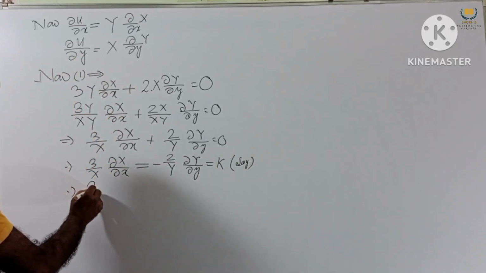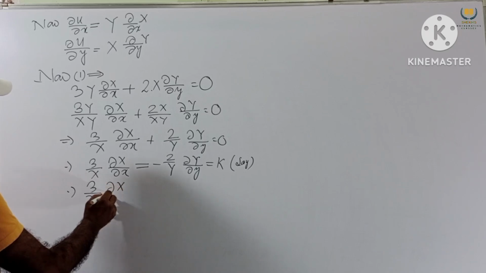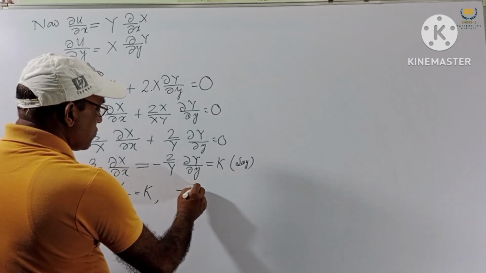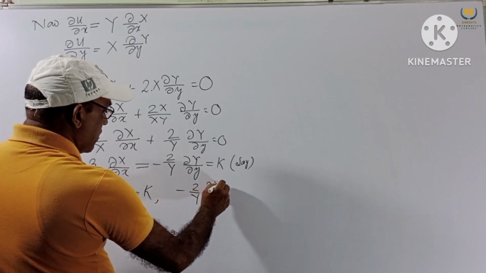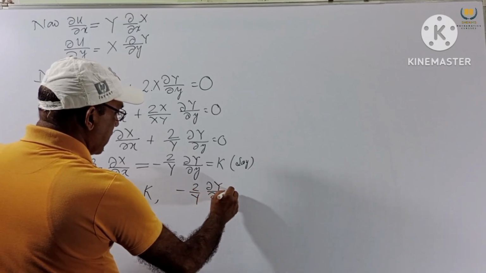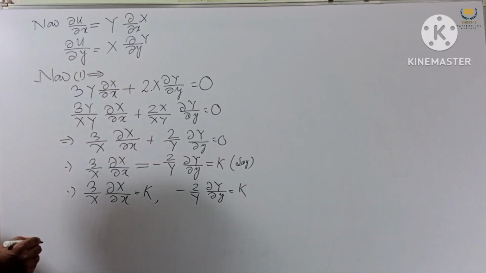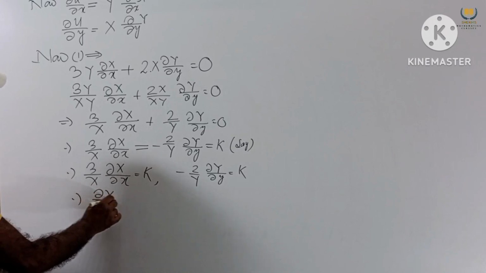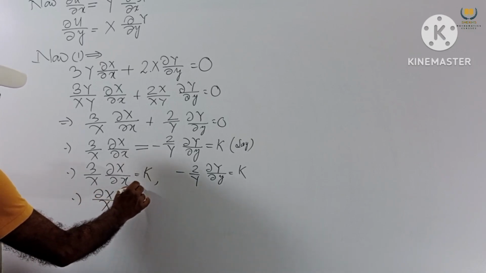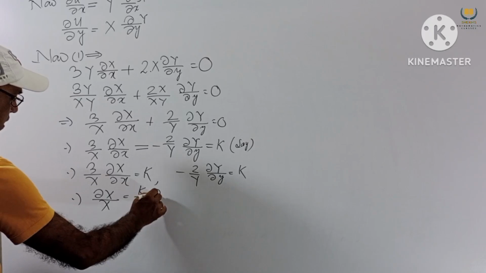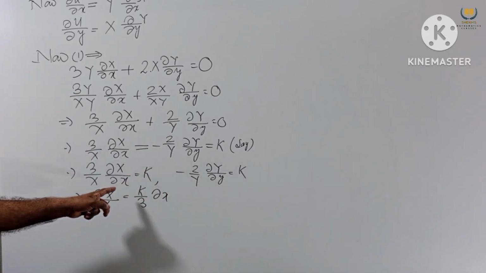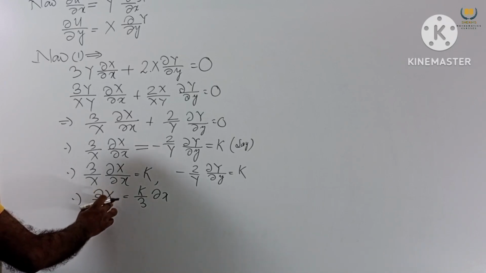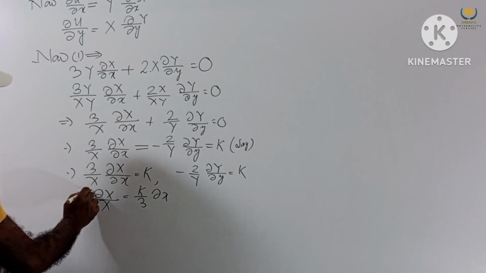So what we get? 3 by X del X equal to k, and minus 2 by Y del Y equal to k. And this implies 3 by X del X equals k, so 1 by X del X equals k by 3 del x. Taking del x to this side and k by 3 there, this is variable separation, del X with X, and we integrate this.